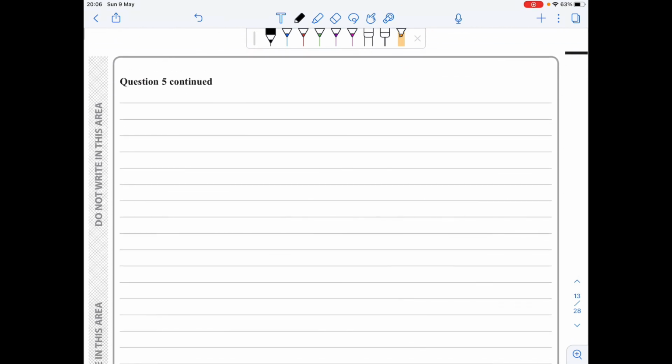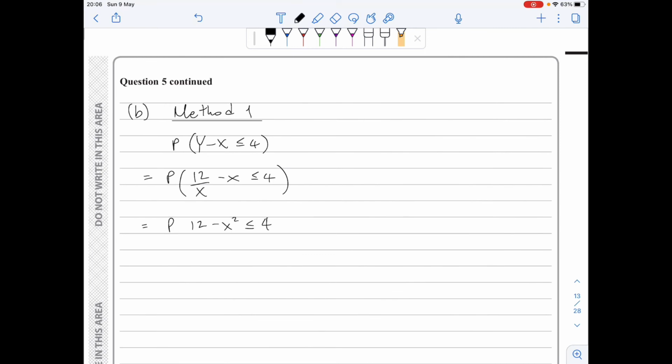I will solve part C using two methods. So for method 1, I'll start with probability y minus x less than or equal to 4. I will substitute 12 over x minus x is less than or equal to 4. This will give me 12 minus x squared less than or equal to 4x.